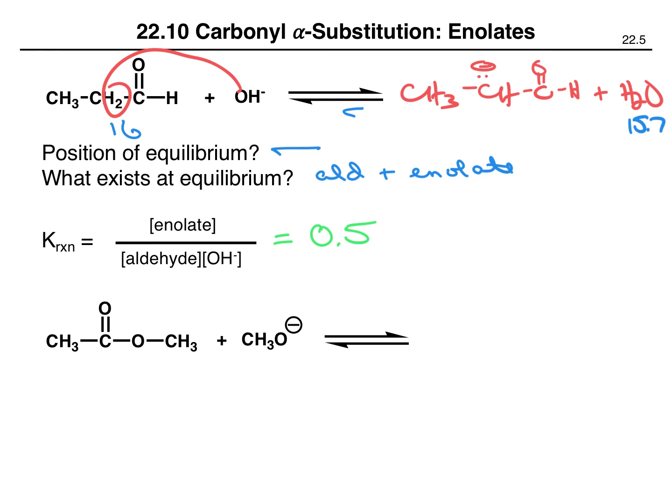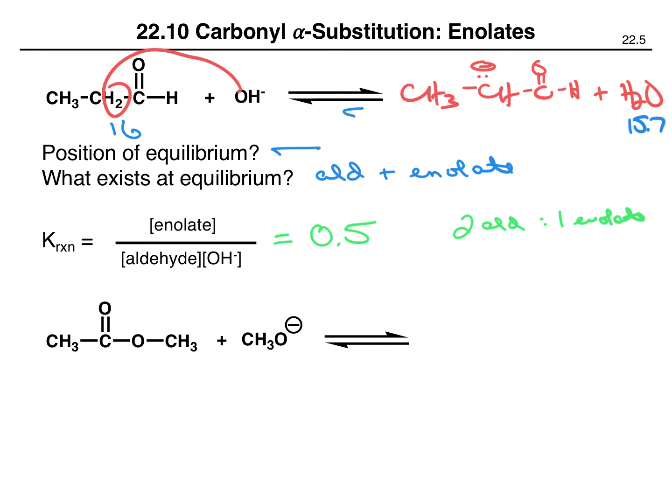So at equilibrium, we're going to have about 2 molecules of aldehyde for every 1 molecule of enolate. But what this really means is that at equilibrium, we have a significant amount of both species. By the way, for the equilibrium constant, this can actually be derived from the pKa values if needed.